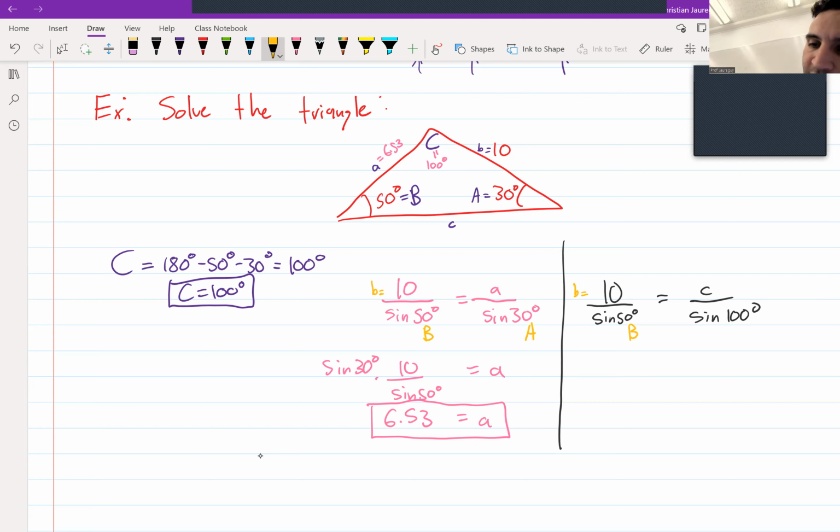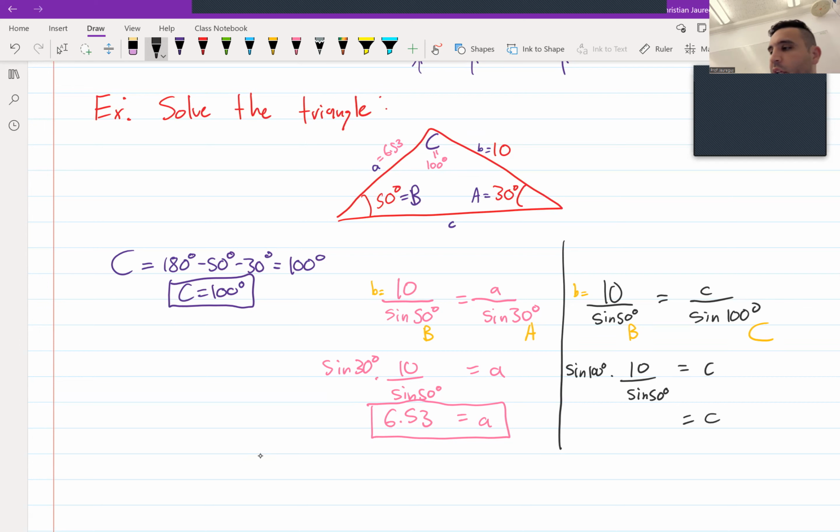Just noting what everything is. This is a big C there. We can see that little c equals 10 over sine of 50 degrees, times sine of 100 degrees.